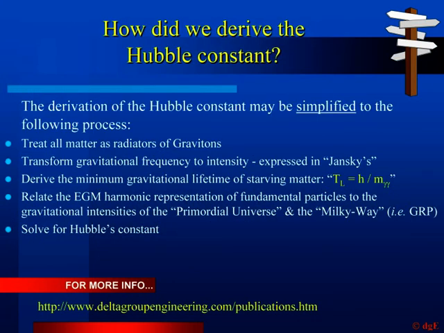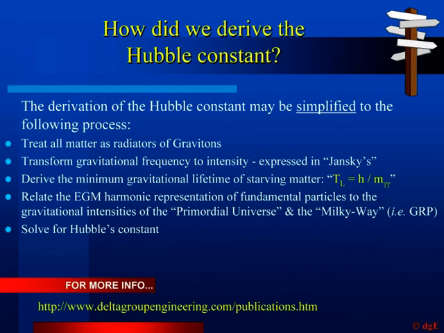How did we derive the Hubble constant? The derivation of the Hubble constant may be simplified to the following process. 1. Treat all matter as radiators of gravitons. 2. Transform gravitational frequency to intensity, expressed in Janskys. 3. Derive the minimum gravitational lifetime of starving matter. 4.